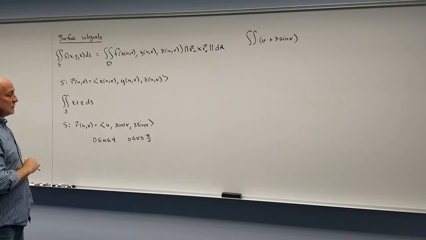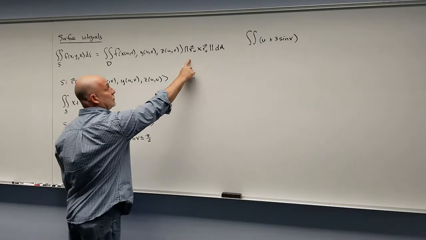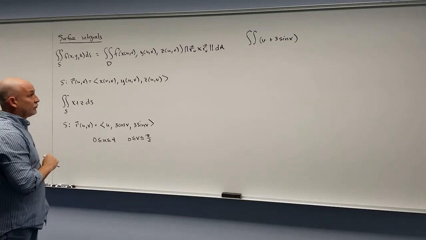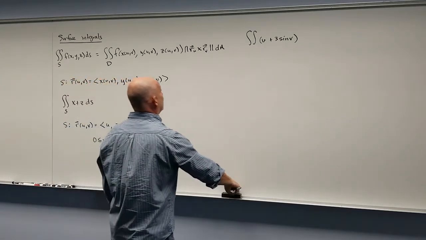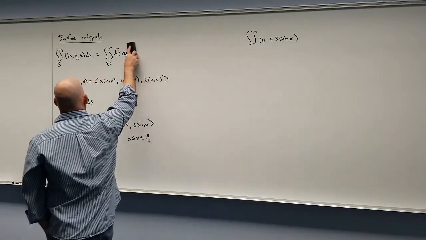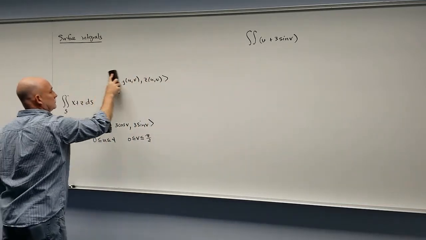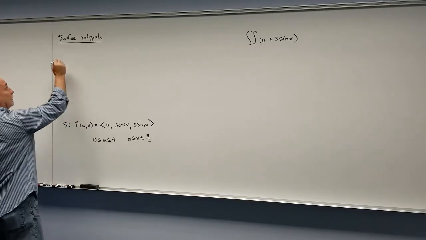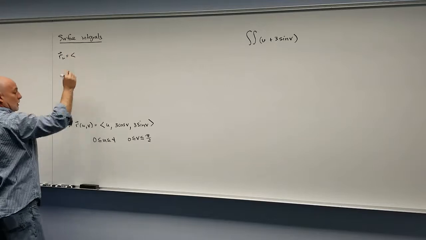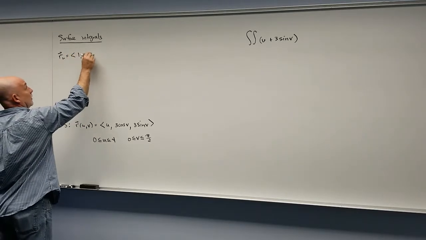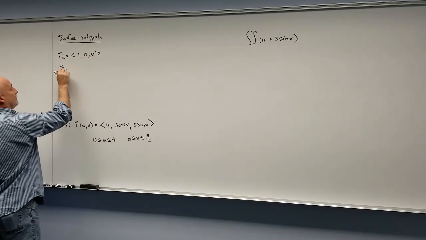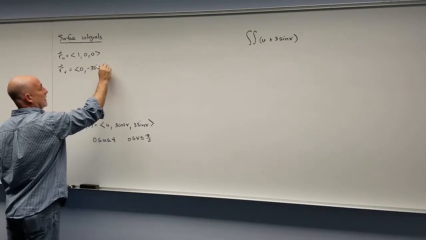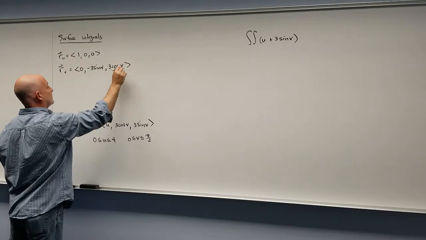Now we've got a bunch of side work to do. We need to find r sub u, r sub v, then do the magnitude of that cross product. So I'm going to set it all up over there. By looking at this, r sub u will be 1, 0, 0. R sub v will be 0, negative 3 sine v, and 3 cosine v.